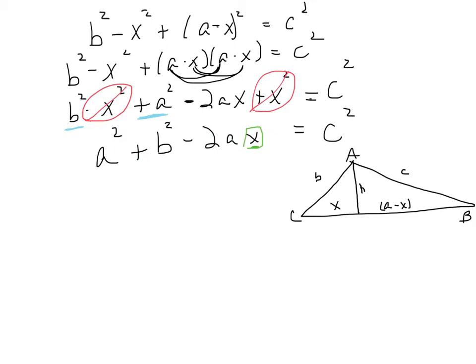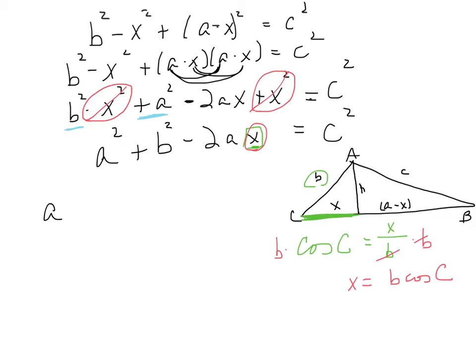And so if I look here on my diagram, what I can do is tell you that x can be found by taking the cosine of angle C will be equal to adjacent over its hypotenuse. And so if I multiply both sides by b, I can tell you that x will be equal to b times the cosine of C. And then I can do a substitution.